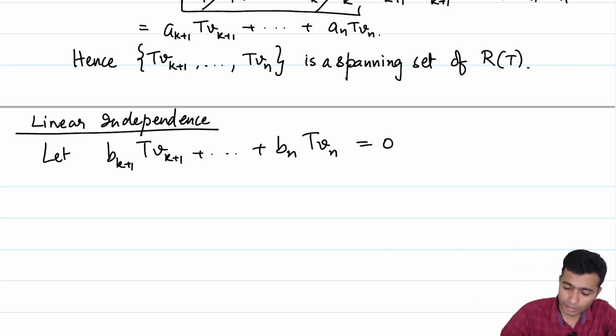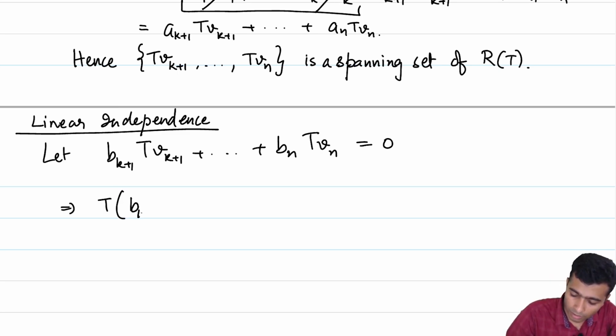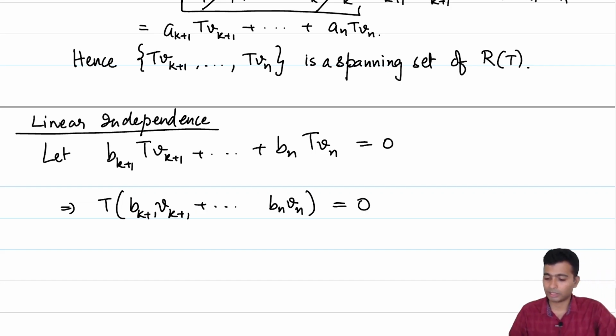But by the same argument above, going in the opposite direction, this implies that T of Bk plus 1 Vk plus 1 plus up to Bn Vn is equal to 0. Why is that the case? Because these two are equal. That's what we know by the very definition of linear transformations. So this is equal to 0.